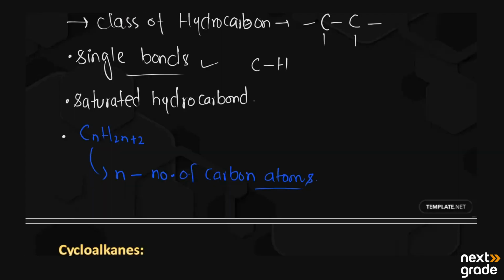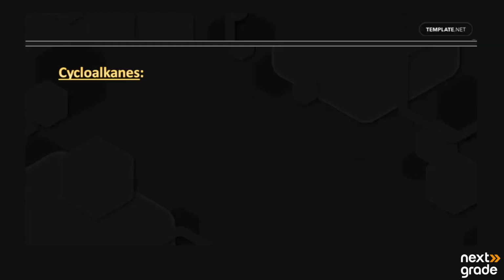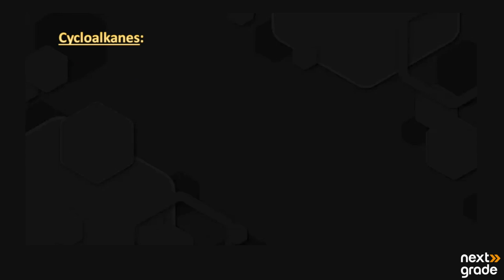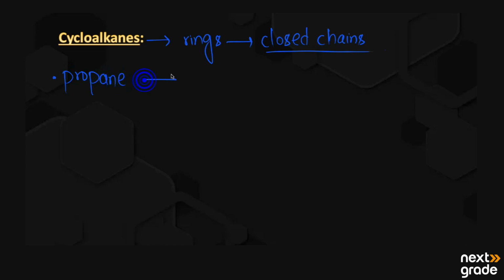Next, alkanes can also have ring structures. Alkanes forming rings in their structure, or closed chains, are known as cycloalkanes. For example, propane has three carbon atoms.